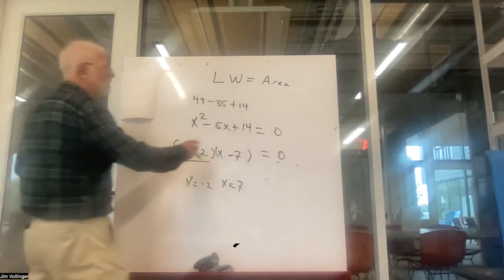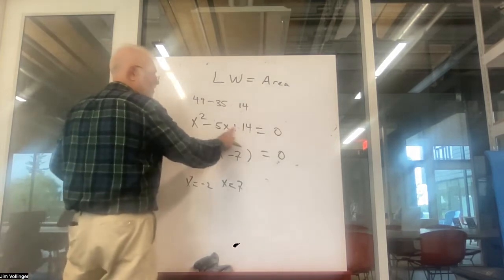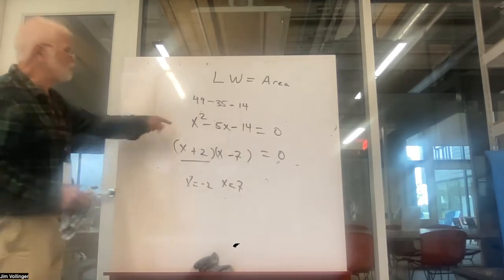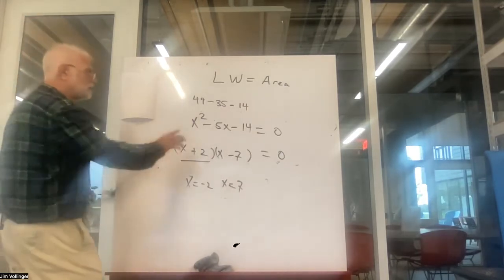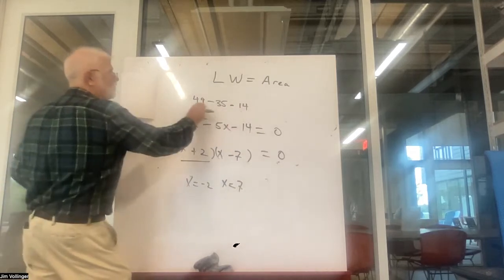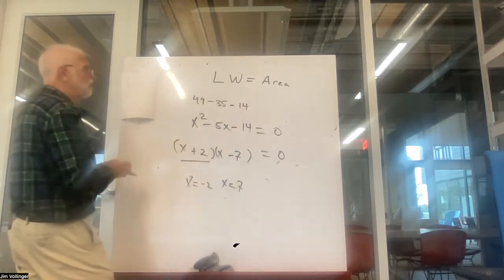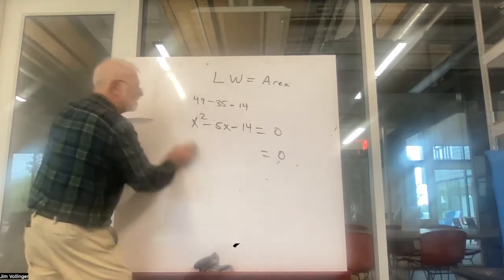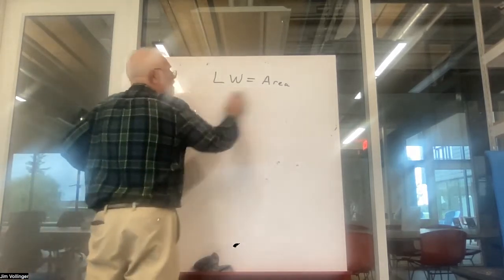Oh, I copied it wrong. Okay, this should have been minus 14. Right, I was going on muscle memory. So I butchered that. So now it's correct. And so now if we put a 7 in, we can see 49 minus 49 is 0. So a little trouble here seeing the print. Eyes are getting old. All right, we're getting there.